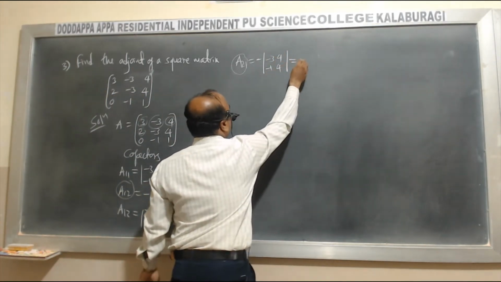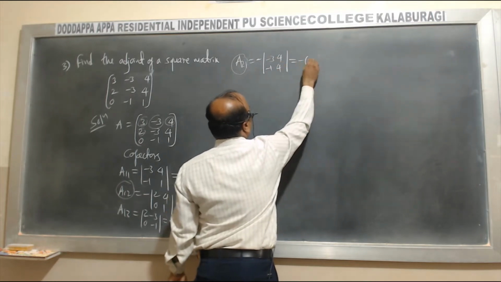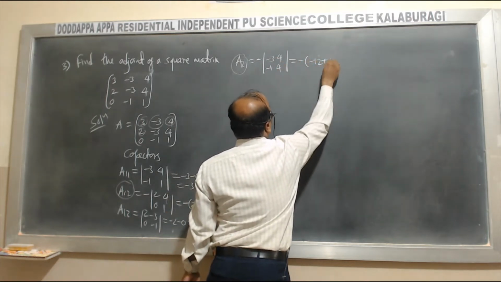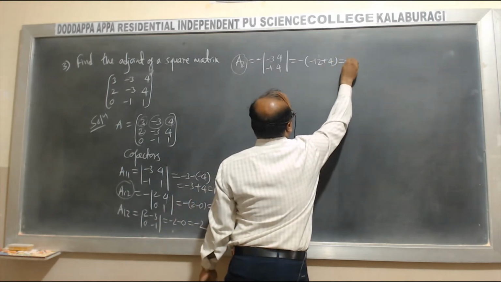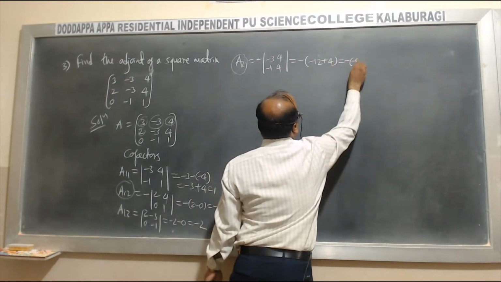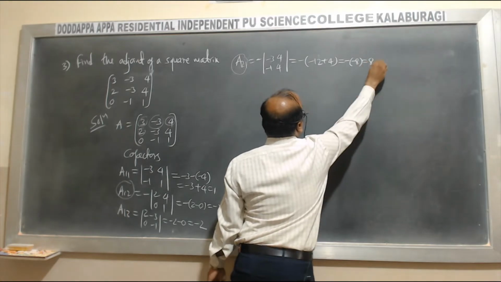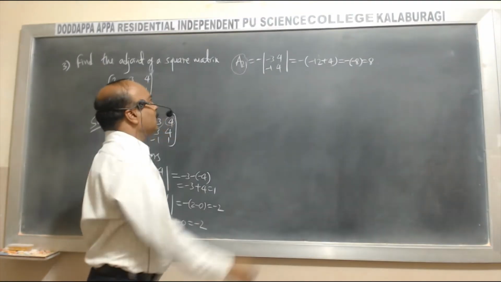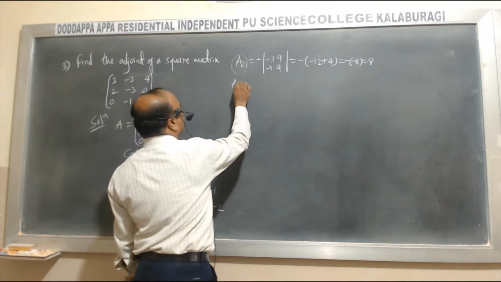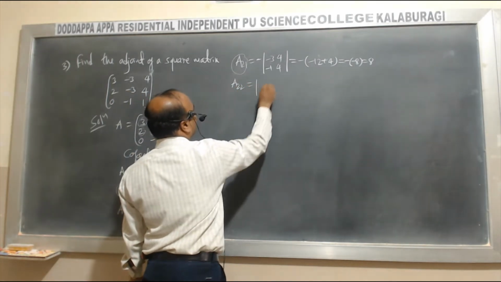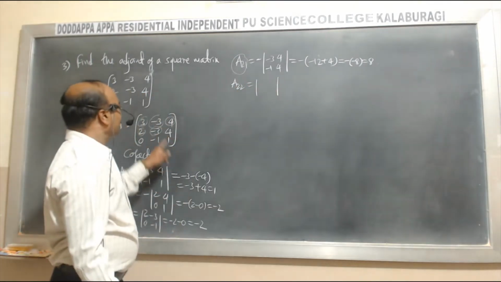So it is equal to minus of minus 12 plus 4. It is equal to minus of minus 8. It is plus 8.